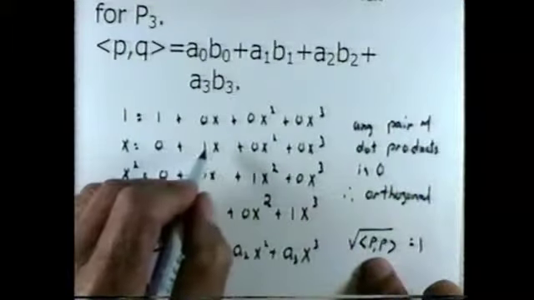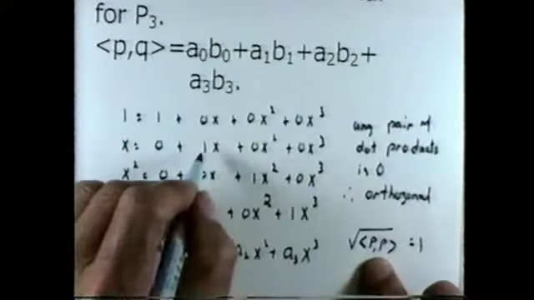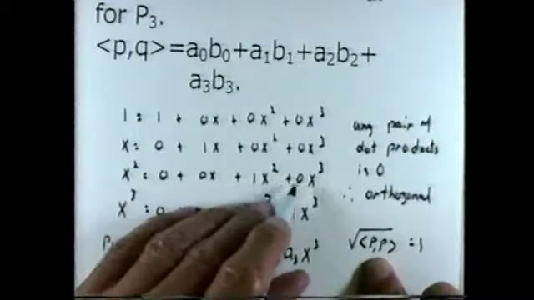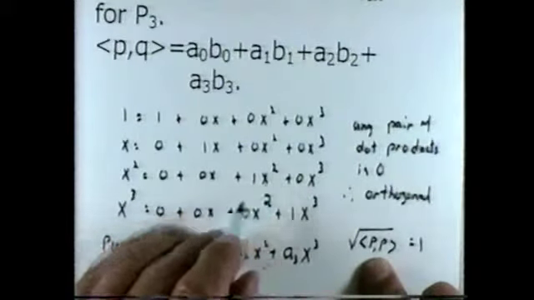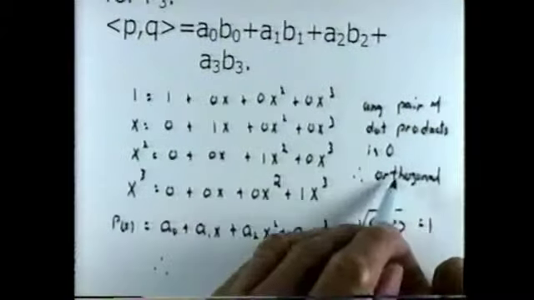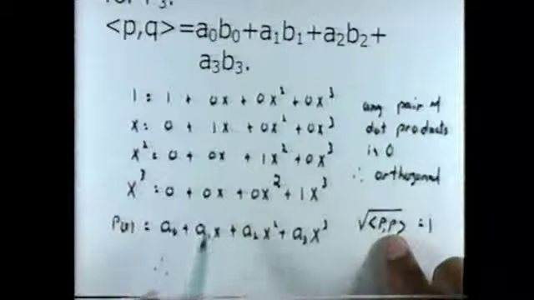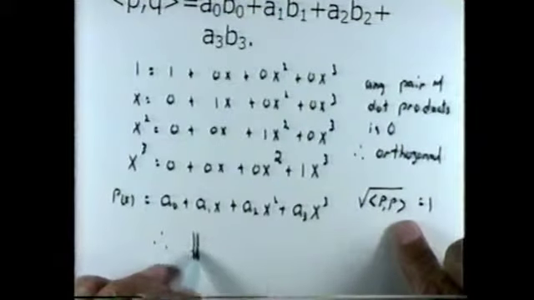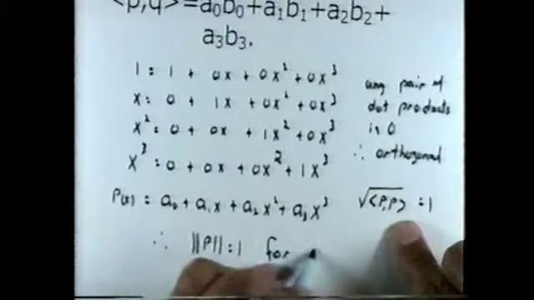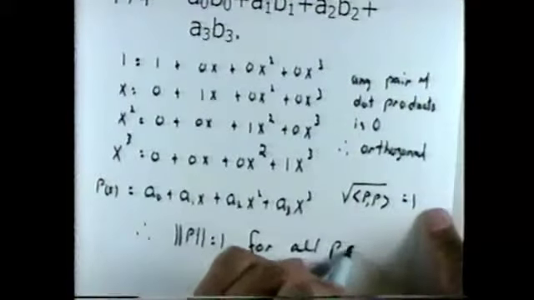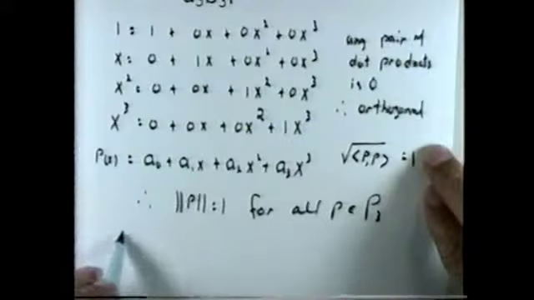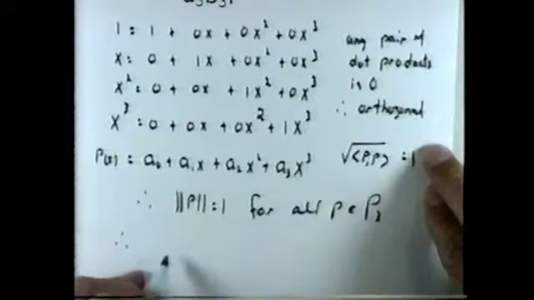Here, 0 plus 1, the rest are 0. The square root of 1 is 1. 0 plus 0 plus 1 plus 0. The square root of 1 is 1, and so forth. So we can see that it is not only orthogonal, but also all the vectors have length 1. The length of p is equal to 1 for all p in the set of polynomials of degree 3 or less. So therefore it is orthonormal.